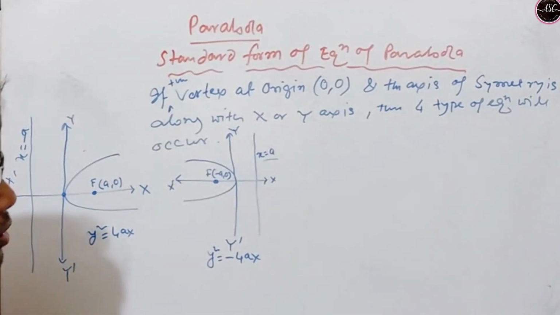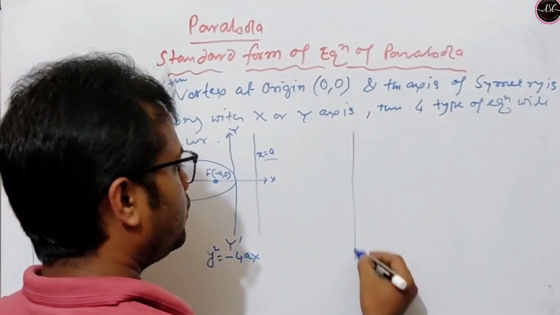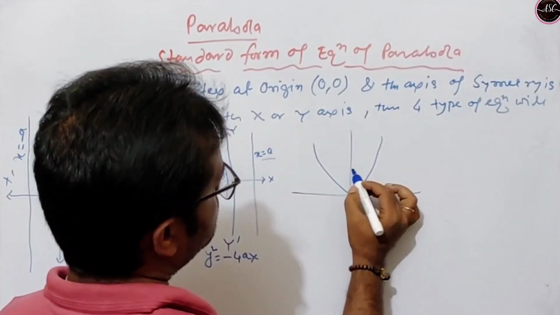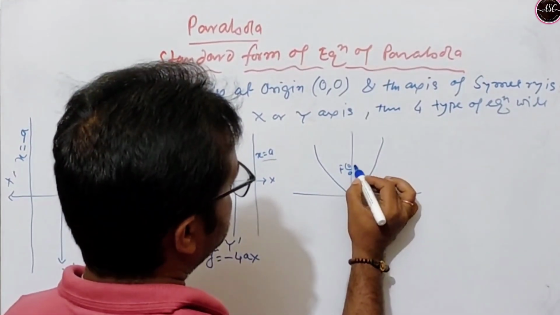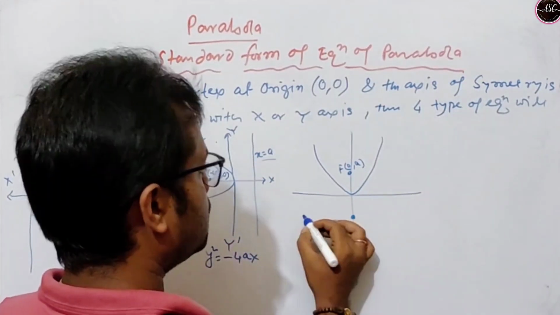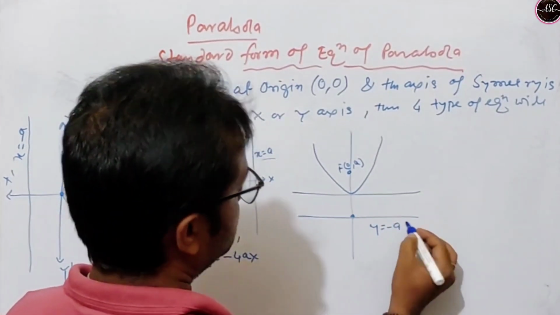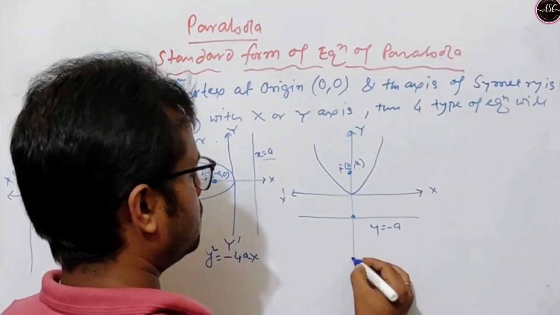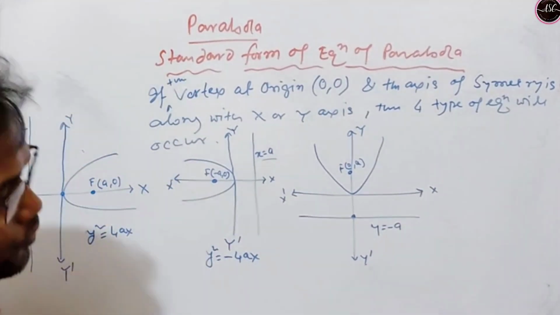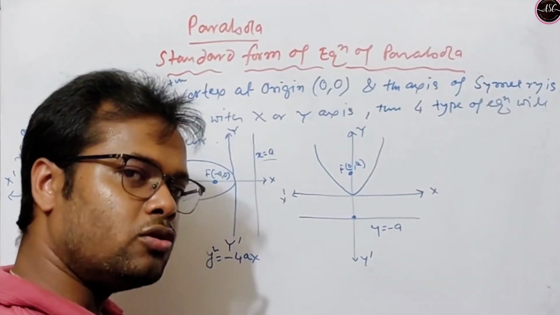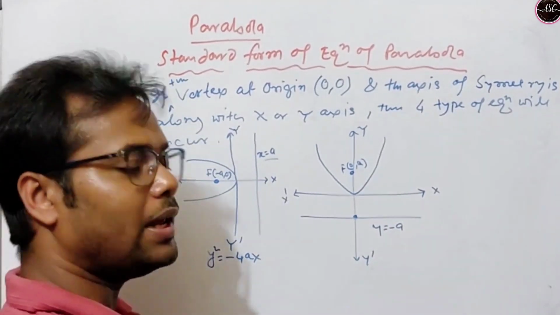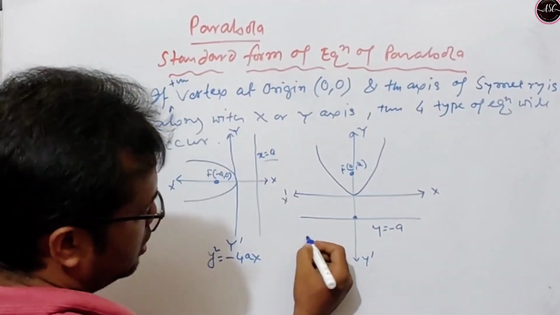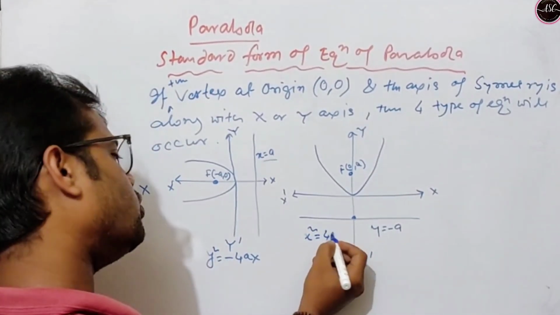And when the axis of the parabola is along the y axis and the focus is (0, a), then the directrix equation is y equal to minus a, and the equation of the parabola is x square equal to 4ay.